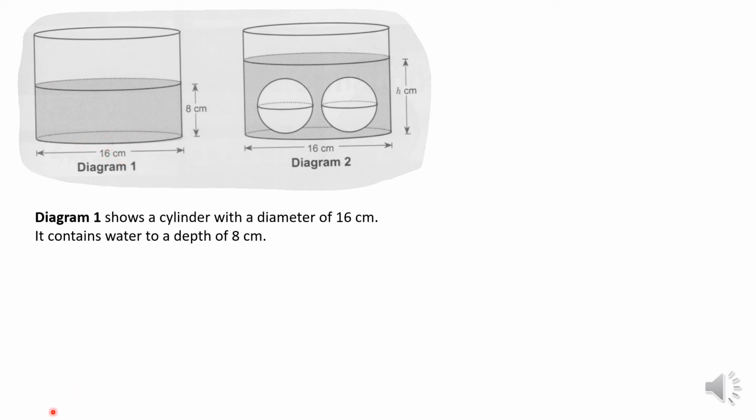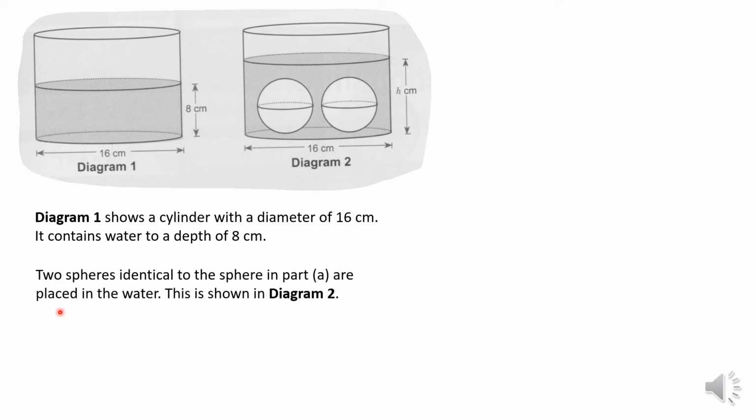So take note of that. It's very important that you do not make that particular mistake. Then they are saying that two identical spheres, like the one that we had, are placed in water, as you can see. Obviously the height of the water is going to increase as that displacement takes place.